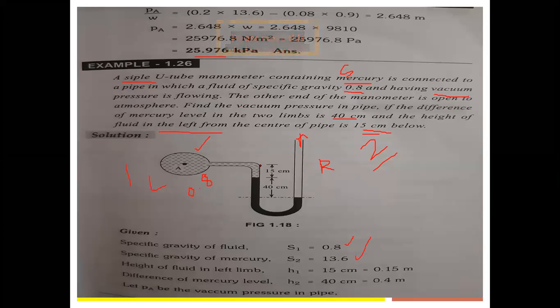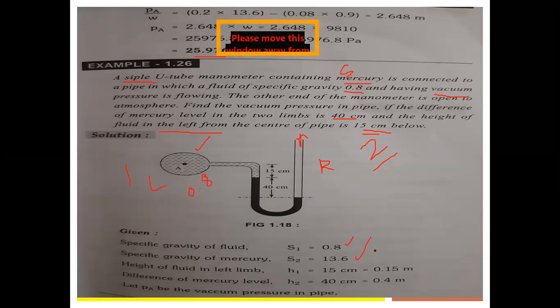This one is the height of the fluid in the left limb. H1 is equal to 15 centimeters. Convert into meters. The difference in the mercury level is 40. H2 is equal to 40 centimeters, that is equal to 0.4 meters.